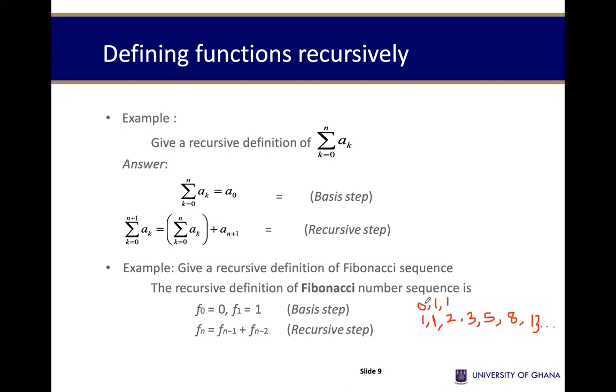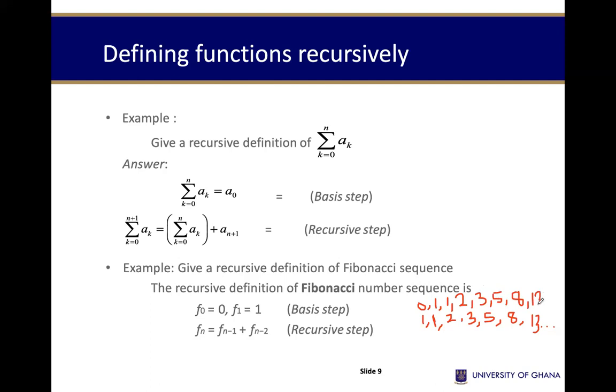Now let's come here. Assuming I started with a 0, the next number is 1. The next number is the sum of the previous two numbers, 0 and 1, so that gives me this one. Then the next number will be 1 plus 1, that'll give me 2. The next will be 1 plus 2, that'll give me 3. Then 2 plus 3 gives 5. Then 3 plus 5 gives 8. And the next number is 5 plus 8, that should give me 13.